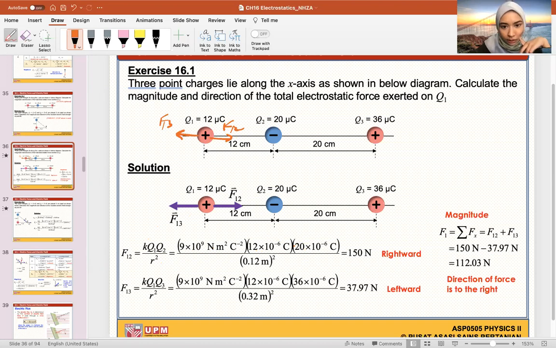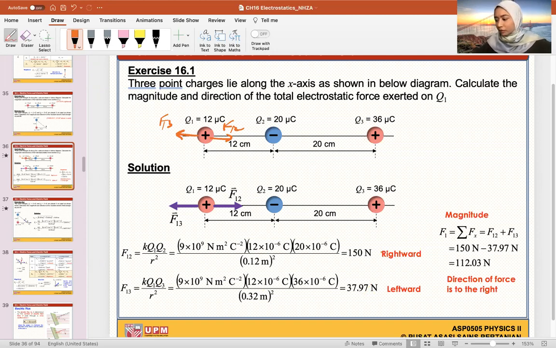This guy should be negative. Oh, this is magnitude only. So the magnitude is F12, and we know the direction is positive, to the right. F13 is KQ1 Q3 over R squared, 0.32. F13 is leftward. 150 minus 37.97 is to the right.